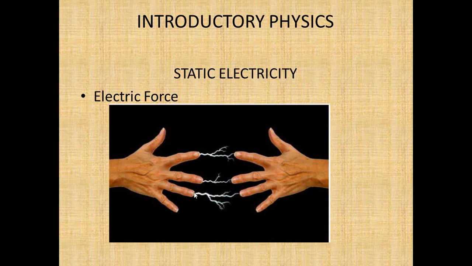This just shows you what static electricity looks like. It is the force that exists between charged objects, so one of these objects has to be negative and the other positive, and then you have your electric force.